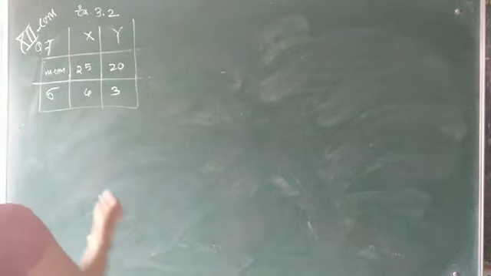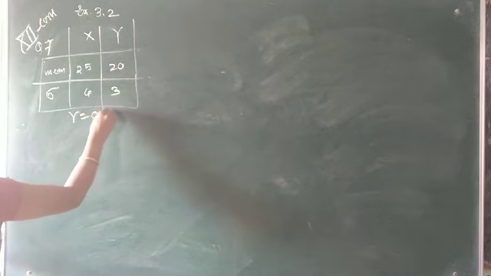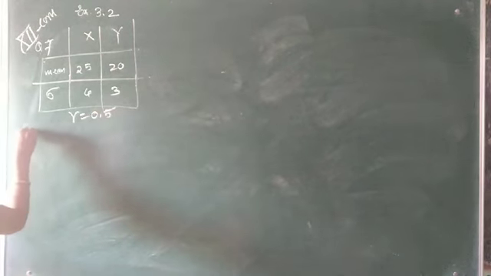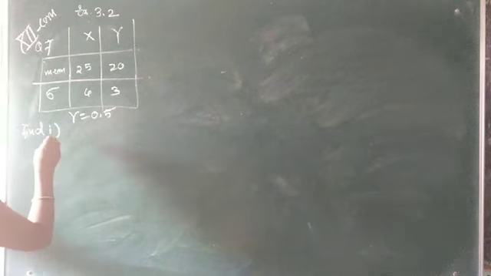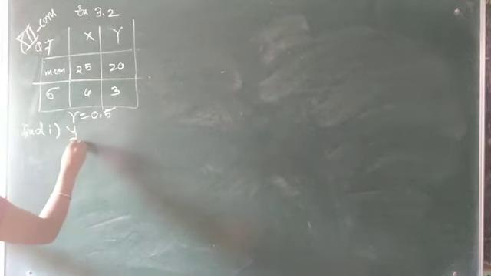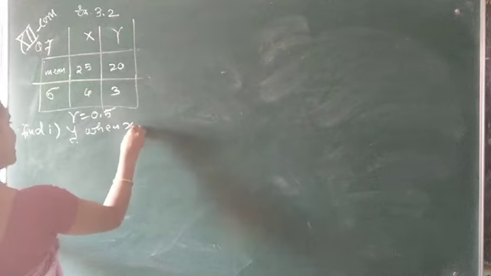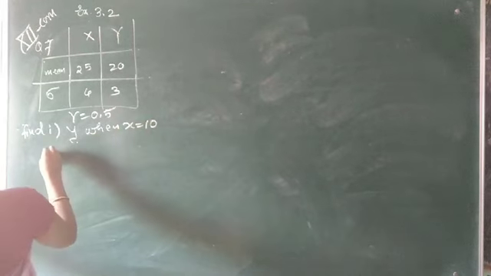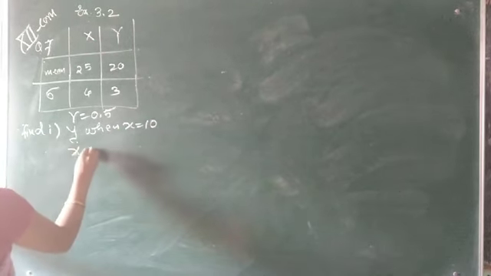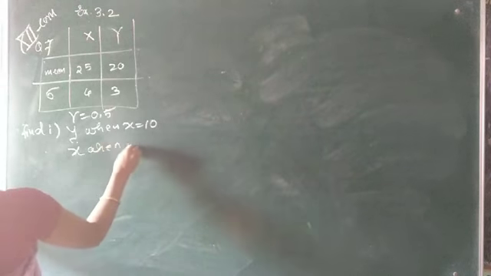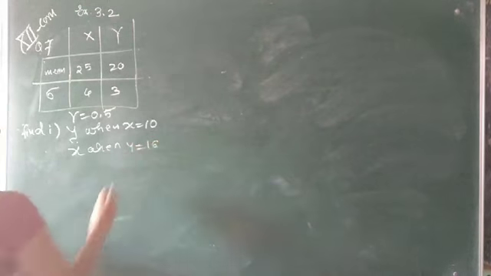Also here we have been given r is equal to 0.5. The question asked here is: find y when x is equal to 10, and second, x when y is equal to 60.